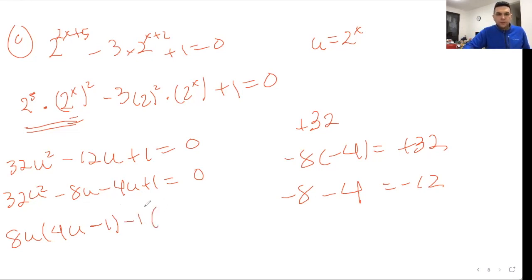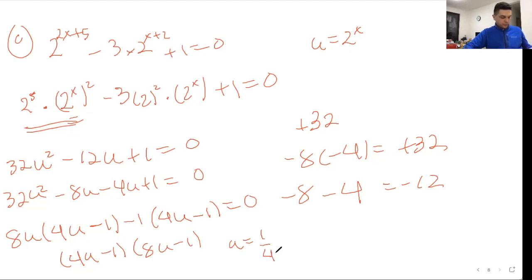And this would be negative 1 times 4u equals negative 4u. I need a positive 1 here, so I have to multiply this negative 1 by a negative 1. Then I can factorize the 4u minus 1 times 8u minus 1. And this would become u equals 1/4 and u equals 1/8.